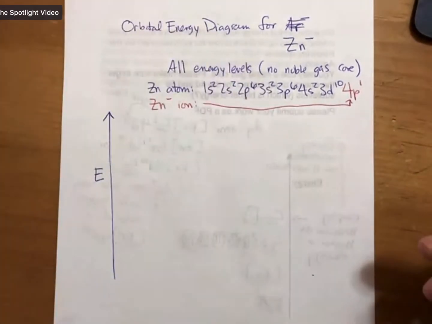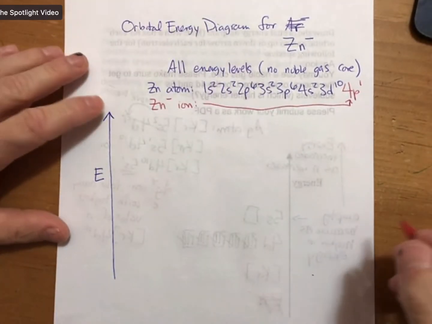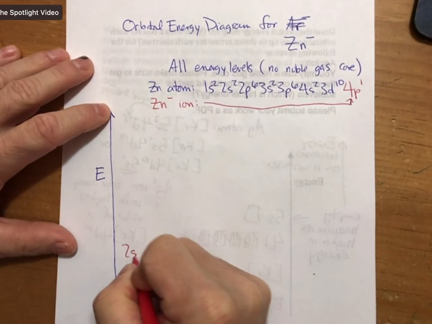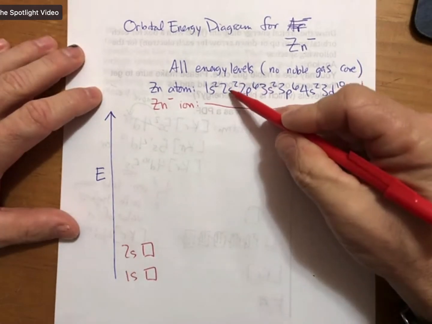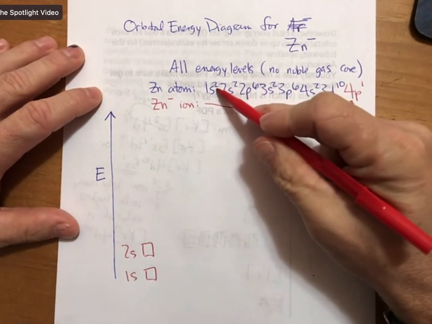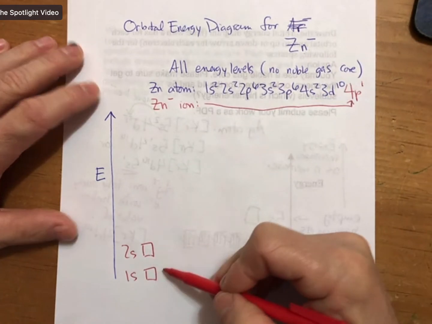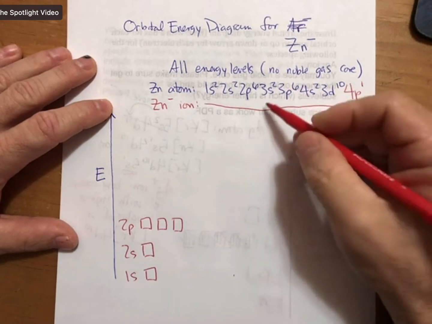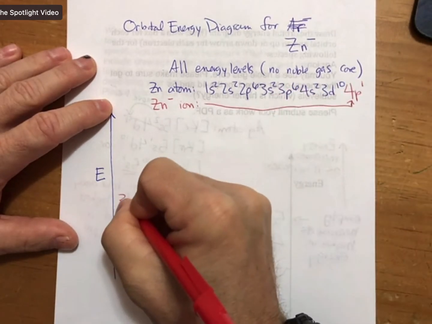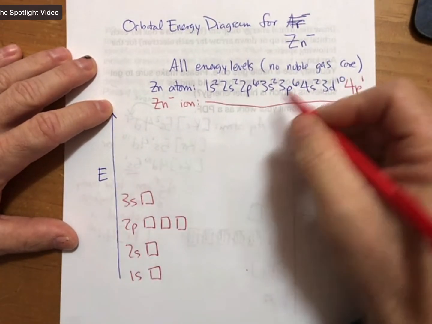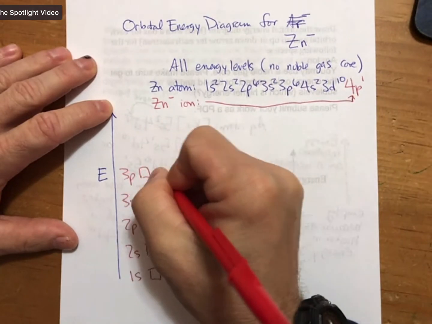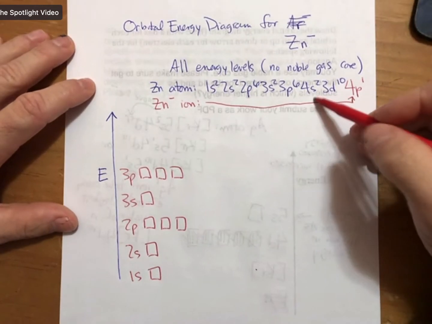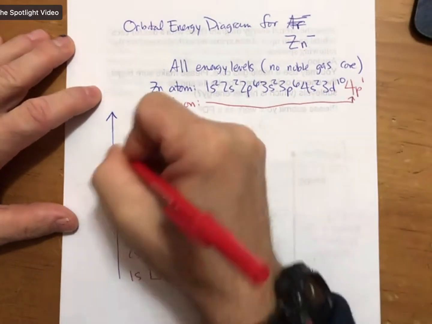So now let's do the whole thing. We'll start with 1s, 2s. Each gets 1 box because there's 1 orbital. 2p, 3s, 3p. And you can fill in your arrows as you go. Now 3d.